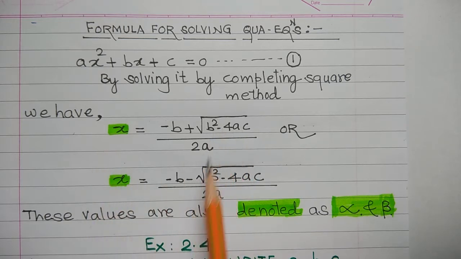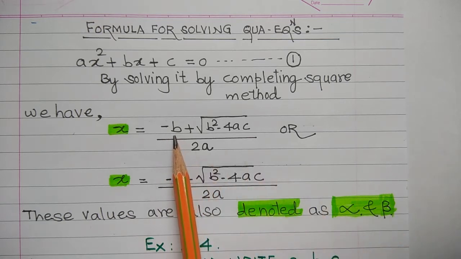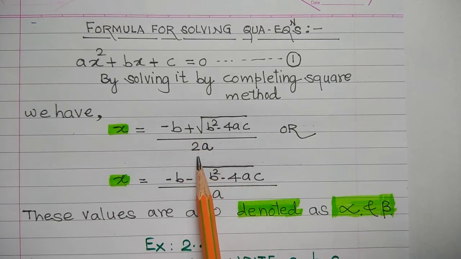You have to remember these formulae for solving quadratic equations by the formula method. These values are also called alpha and beta respectively. Alpha is minus b plus under root of b square minus 4ac upon 2a, and beta is equal to minus b minus under root of b square minus 4ac upon 2a.